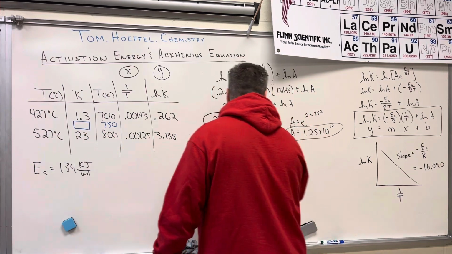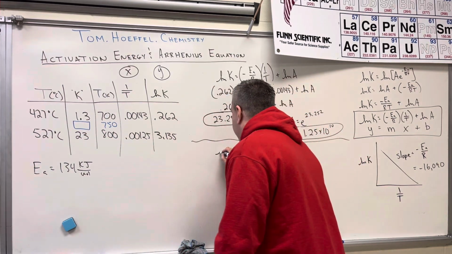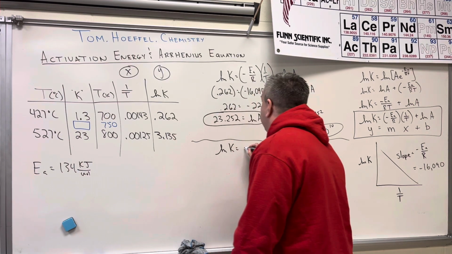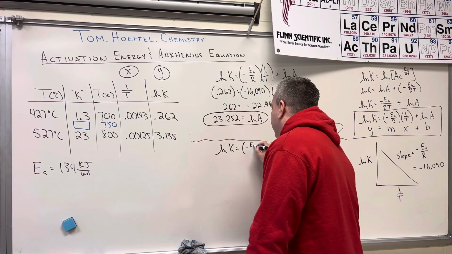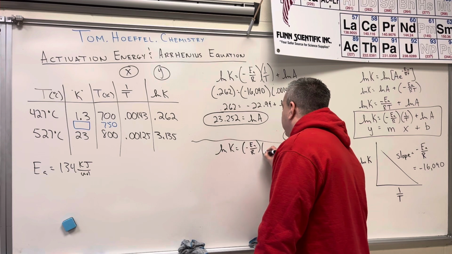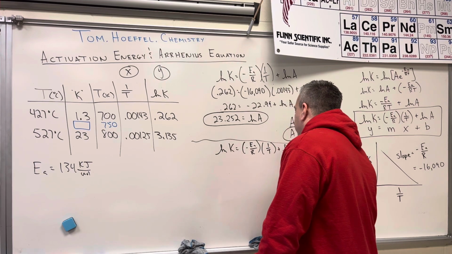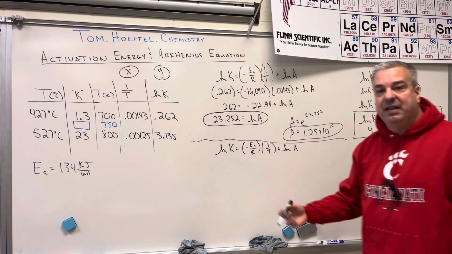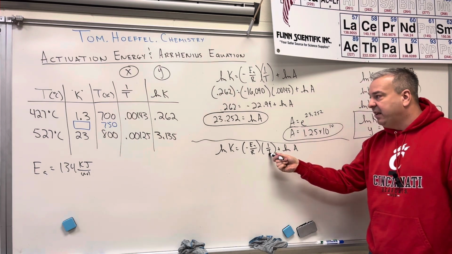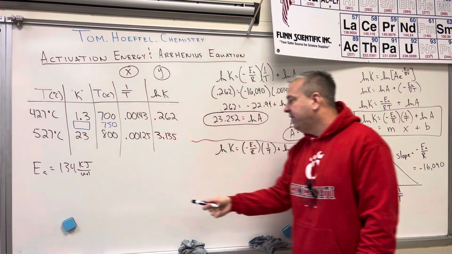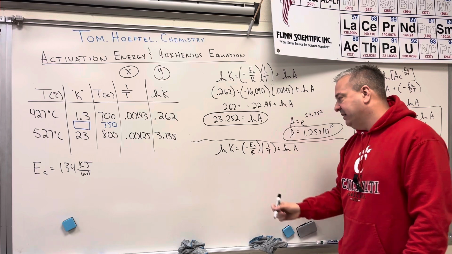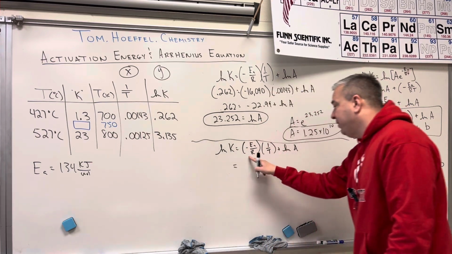So once again, I'm going to write down this equation. The natural log of K is equal to negative EA over R. And I'm going to plug in everything I know, but this time I'm going to put this temperature in order to figure out what K is equal to. Now, we know the slope.